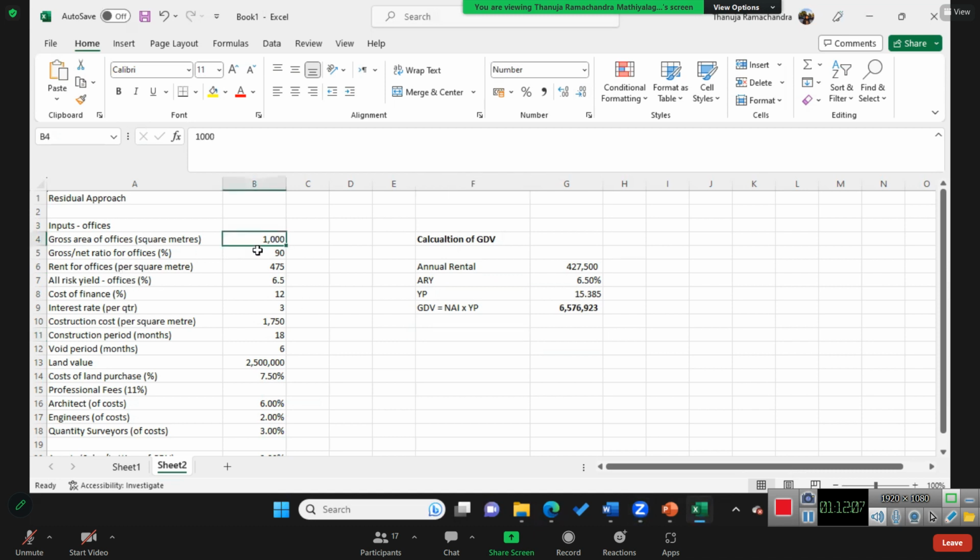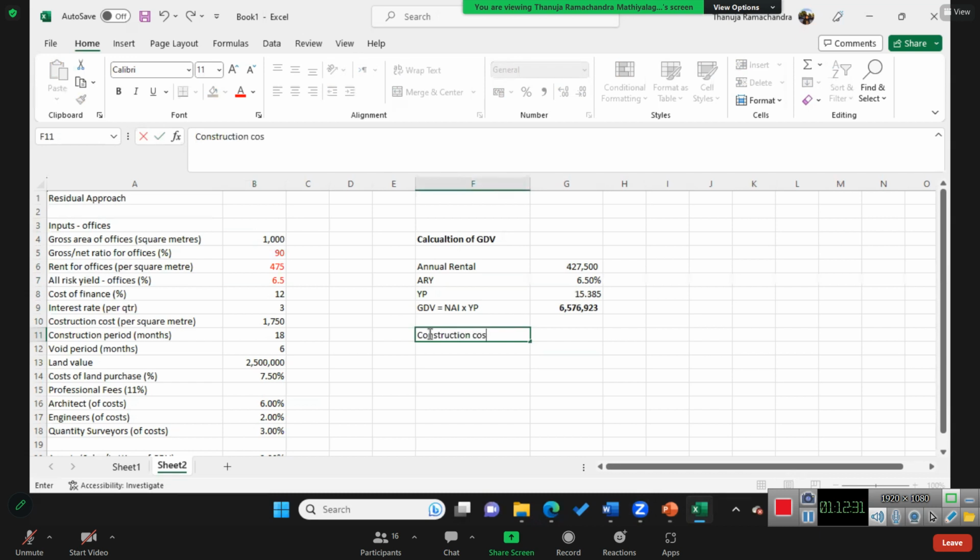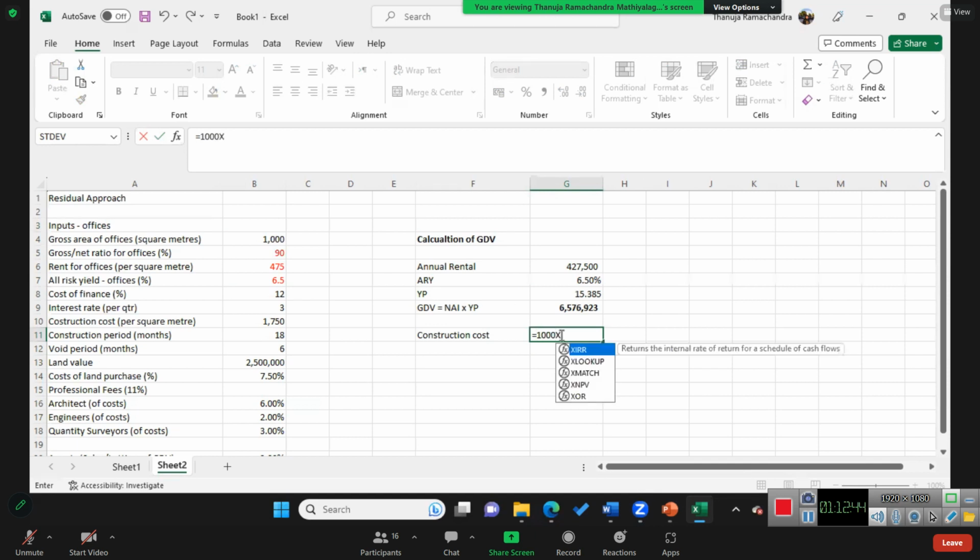So we are done with this. The next one is cost of finance. The annual rate is 12%, the quarterly rate is 3%. Construction cost per square meter is this one, and the gross floor area is 1,000.